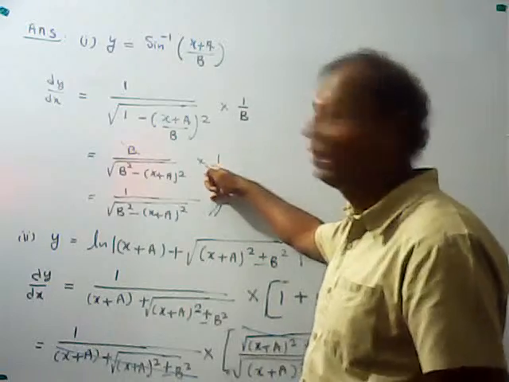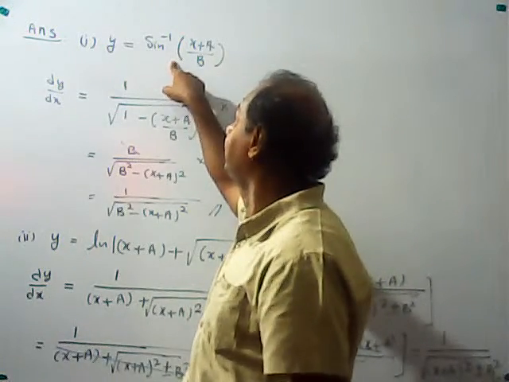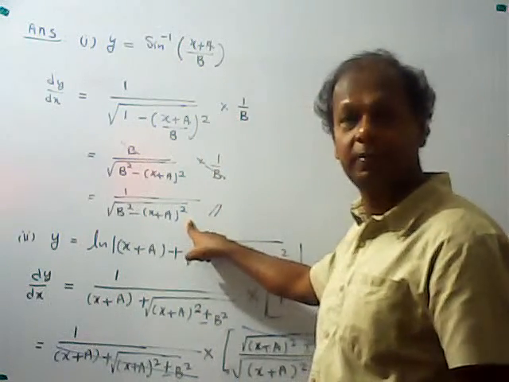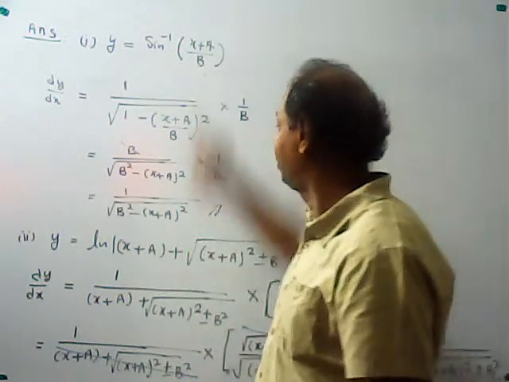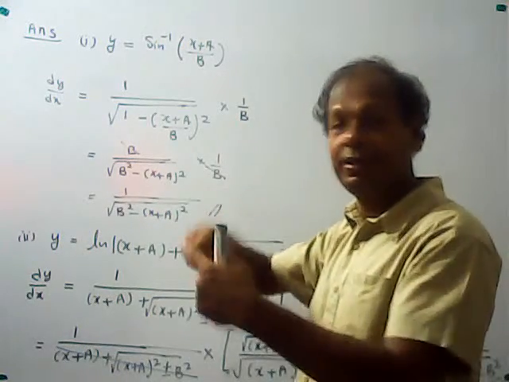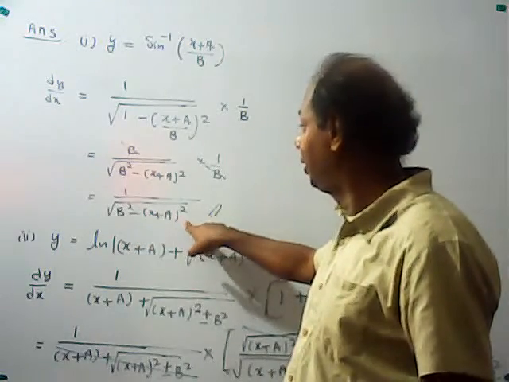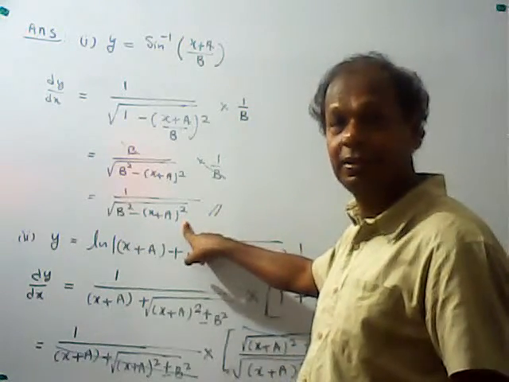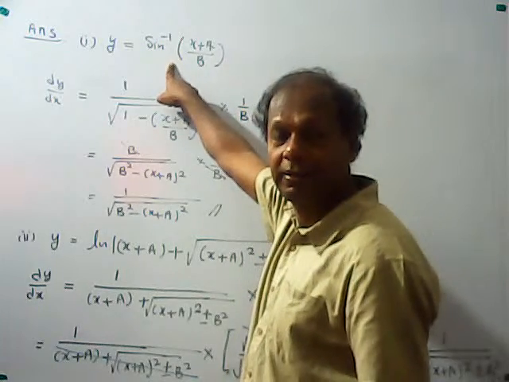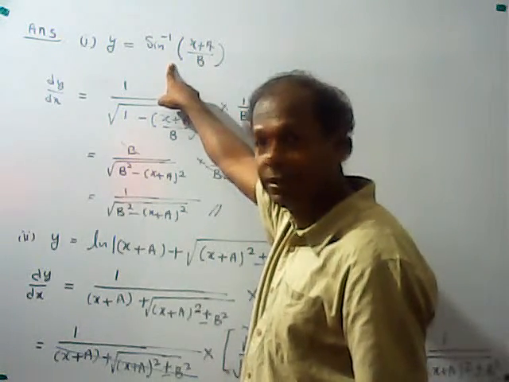This is what we need. This is what we get here. You differentiate this function, sin inverse x plus a over b, and this is the result. You differentiate this, you get this. So conversely, we can say if you integrate this function, then the result has to be that sin inverse x plus a over b.